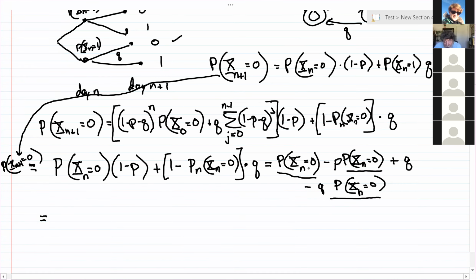They all have the same factor, p sub n equals 0. So write that as probability that at time n is 0. Factor that out. Well, what will remain? What would remain is this 1 minus p minus q. And then the only thing else that's left here is plus q. Okay, so that's easier to do than writing in this nasty expression all the time. And we have it all now in terms of what you were at day n, the probability at day n you were at 0.